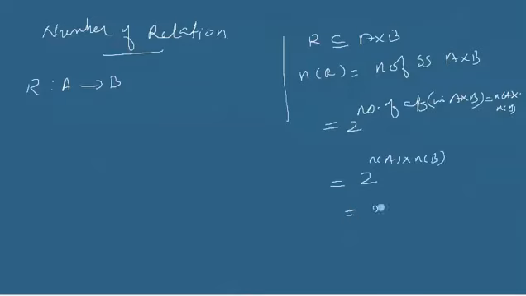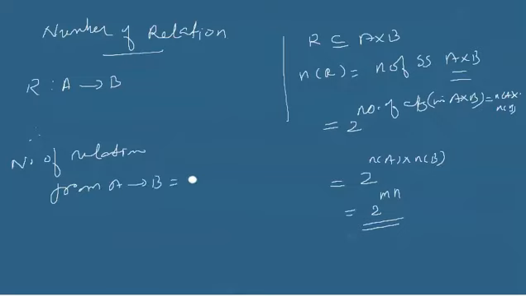Let us take n of A is equal to m and n of B is equal to n. So 2 raised to mn subsets are there for A cross B. Therefore, the number of relations from A to B is equal to 2 raised to mn, where m is equal to n of A and n is equal to n of B. Why is it possible?